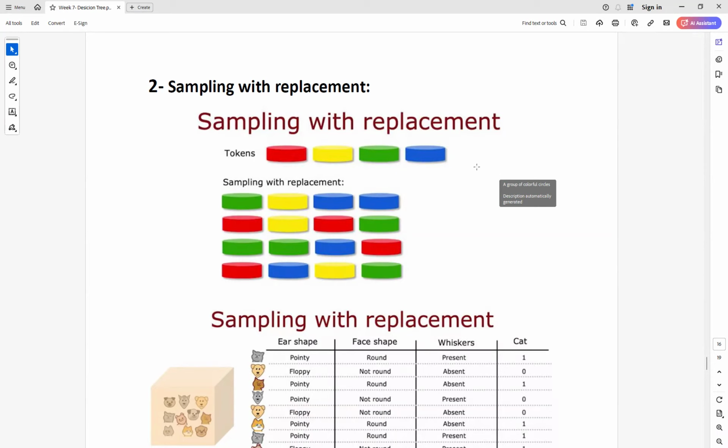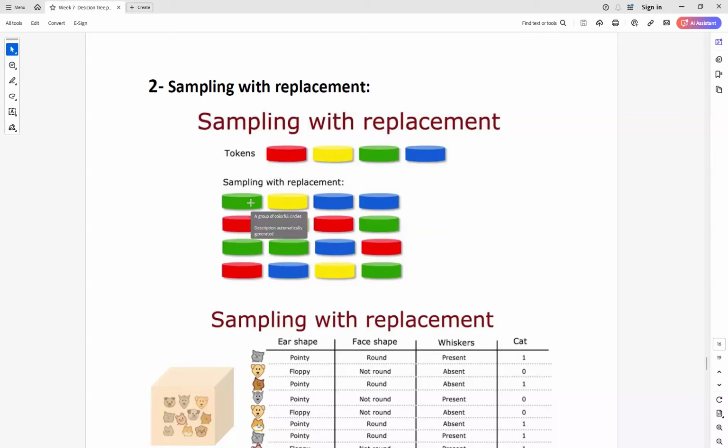Let's say this is the first sample, right? You put all these 4 colorful tokens inside the bag, and for the first sampling, you pick one. So let's say the first one is green. And this is the sampling with replacement.